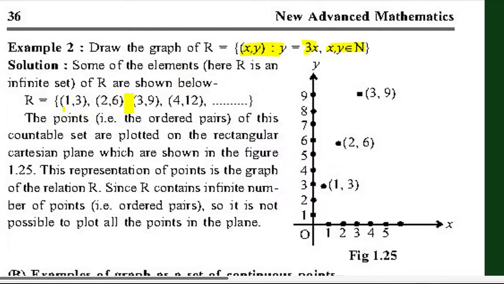So (1, 3), (2, 6), (3, 9), (4, 12): 3 times 1 is 3, 3 times 2 is 6, 3 times 3 is 9, 3 times 4 is 12, 3 times 5 is 15, 3 times 6 is 18. It will go on like this. When you plot the graph on the xy plane, you will see (1, 3), (2, 6), (3, 9).